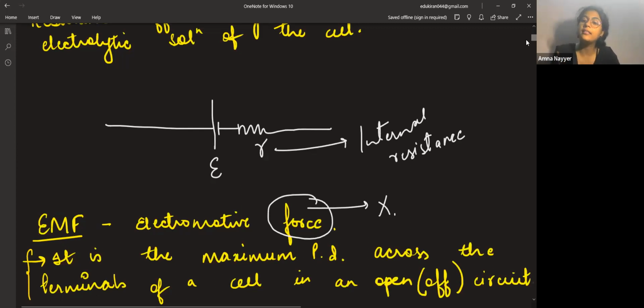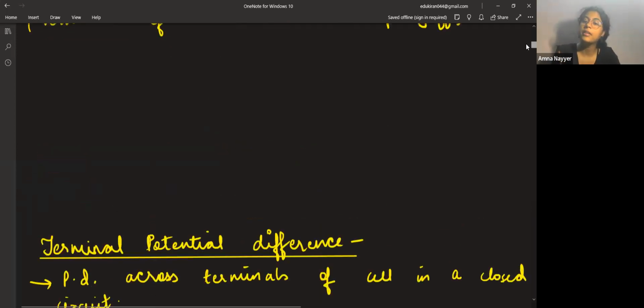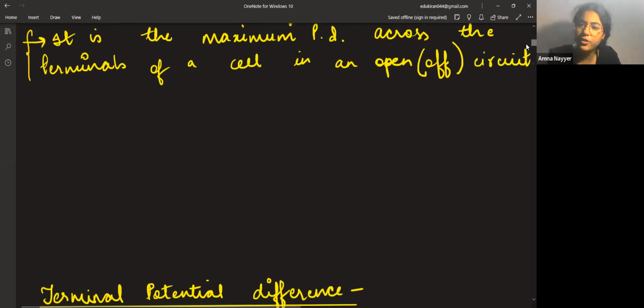And whatever potential difference the external resistor has, that is terminal potential difference. So the main point is open circuit. It is the maximum potential difference across the terminals of a cell in an open circuit. Open circuit means off circuit. Current is not flowing. That's why I'm saying you have to focus on the internal resistance.